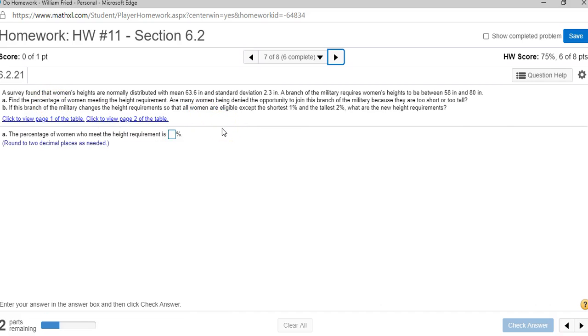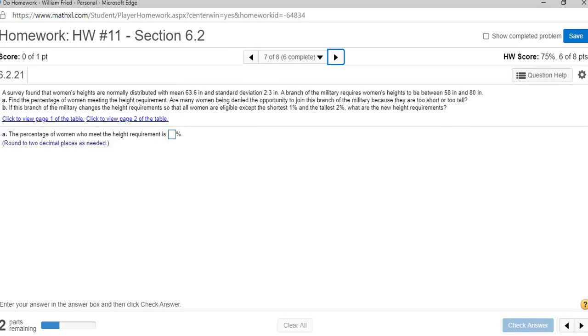This is back to a normal CDF, with 58 and 80, a mean of 63.6, and a standard deviation of 2.3. I'm going to have to answer the question as a 2 decimal place percent.